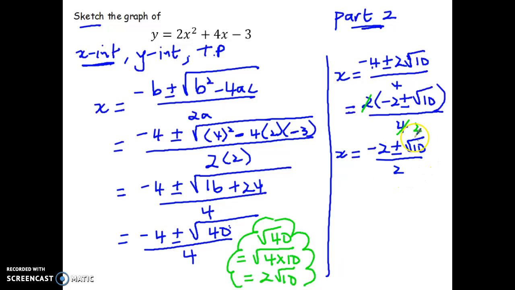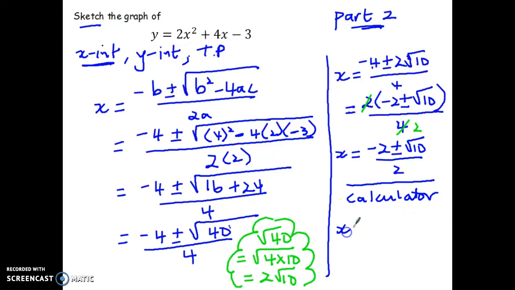Now you can work with exact values here and work out that root 10 is 3 and a bit, around about 3, and try to work out where you would place those on the axis. But for now, you can use your calculator to help you.